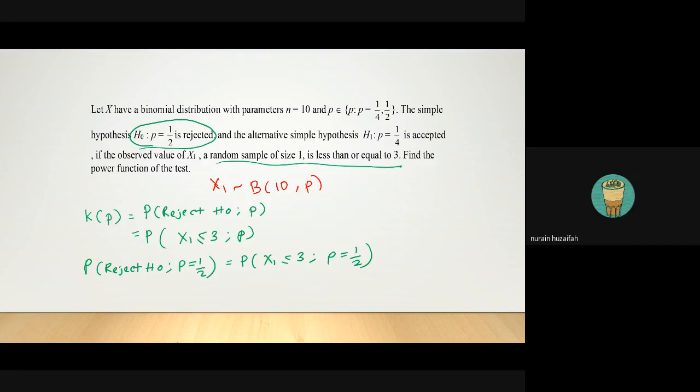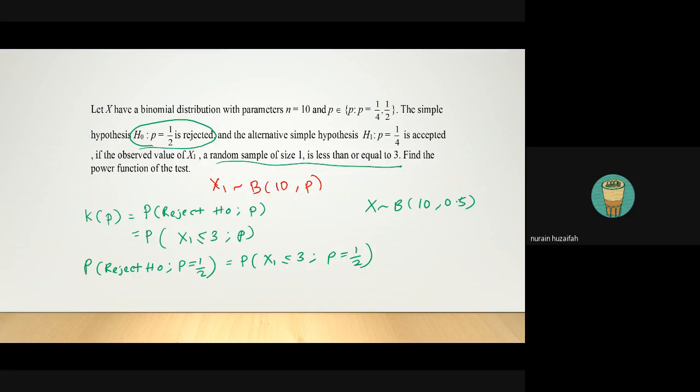You will find n equals 10, p equals 0.5. This is X binomial with p equals 1/2.